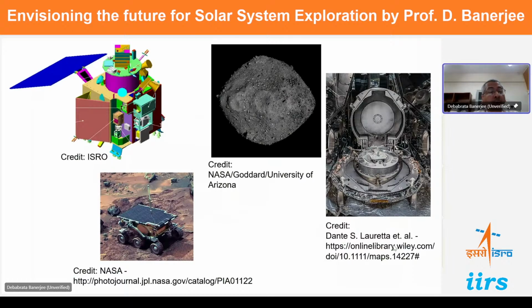Chandrayaan-1 was an extremely successful mission, the first Indian orbiter mission to the Moon. And then you have the Sojourner, the picture below the Chandrayaan-1 orbiter, which was flown to Mars by NASA in 1997.